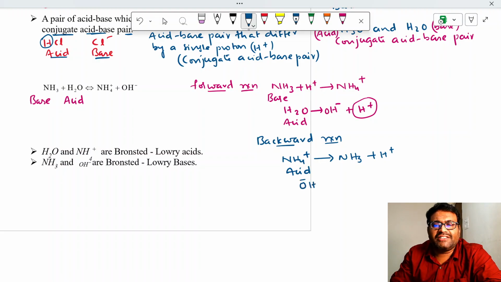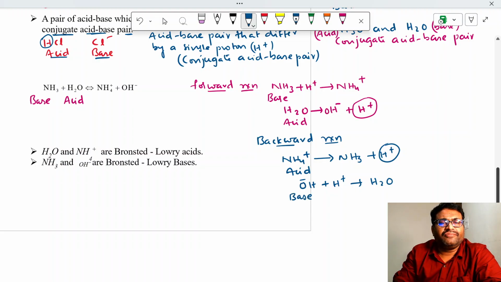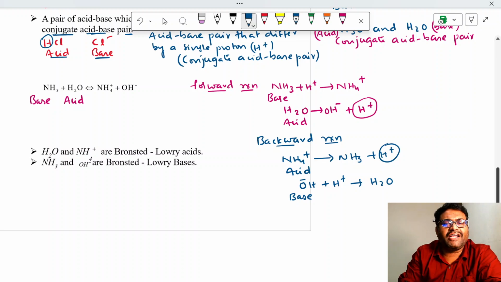OH minus took this proton given by NH4 plus and converted into H2O. So in the backward reaction, OH minus is accepting a proton. As it is accepting a proton, I can take it as a base. So in the backward reaction, NH4 plus is acid and OH minus is base.